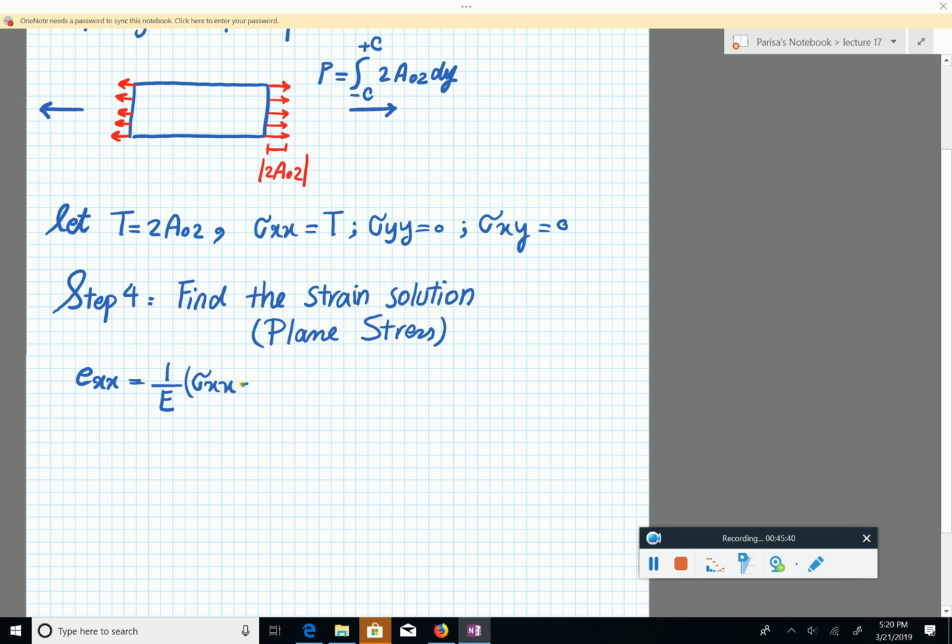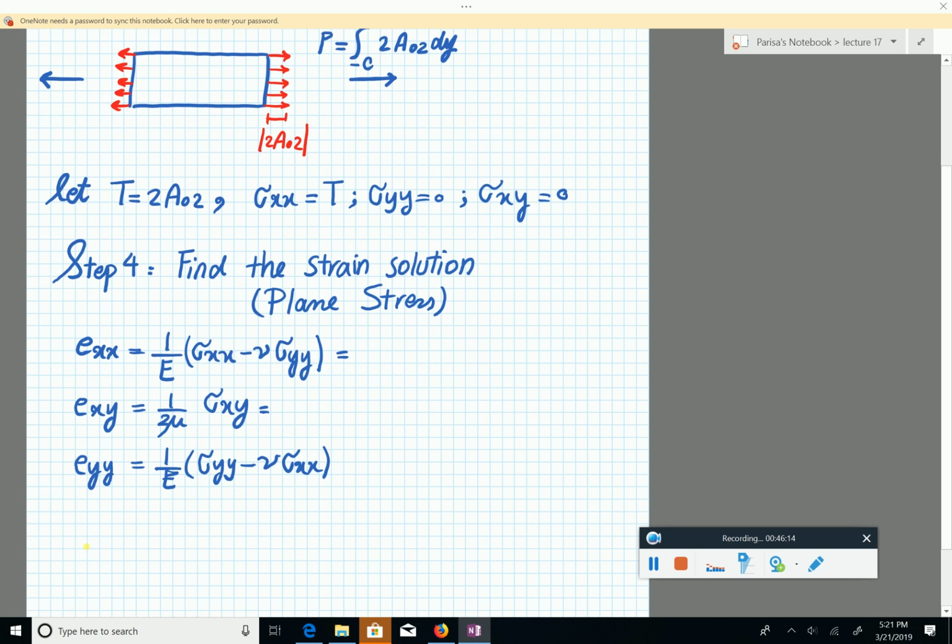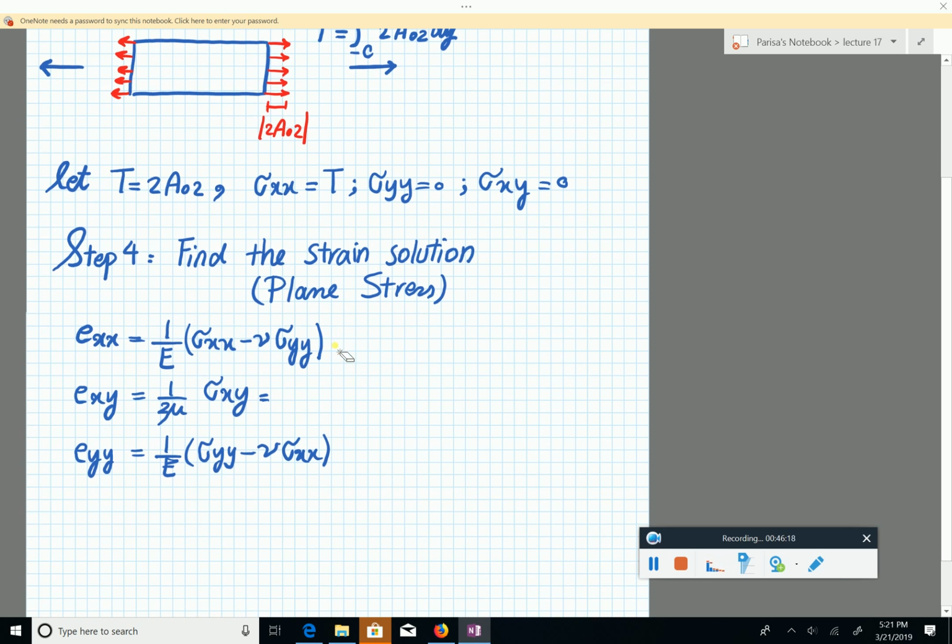So take sigma x equal to t, so don't carry the 2a0t. Just substitute.